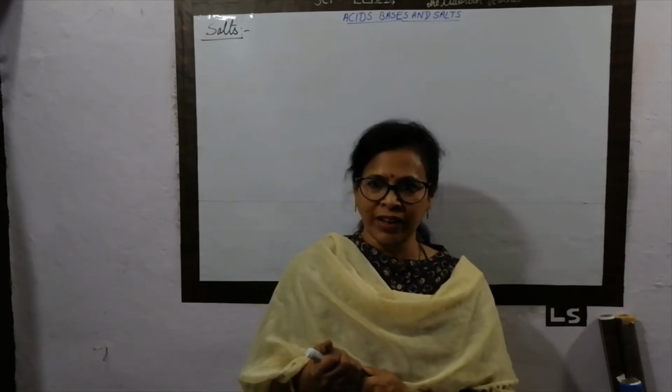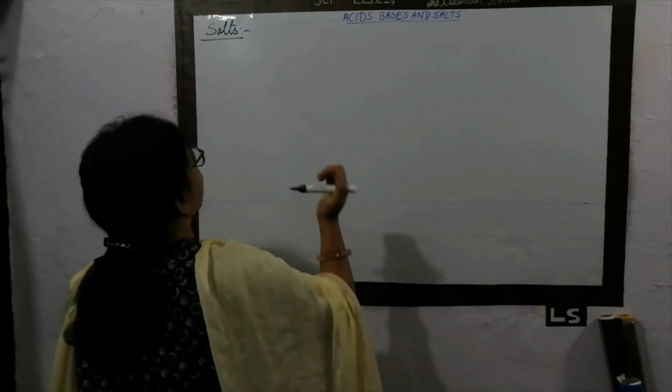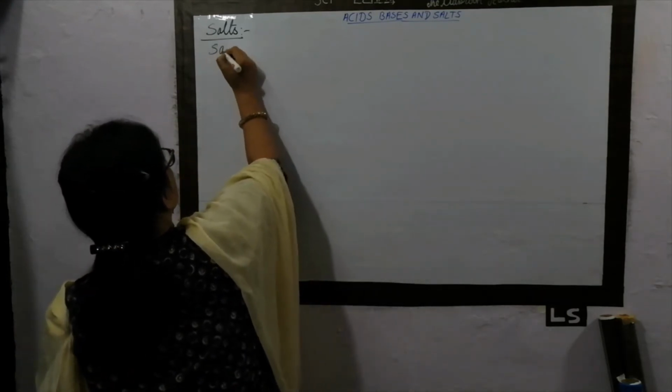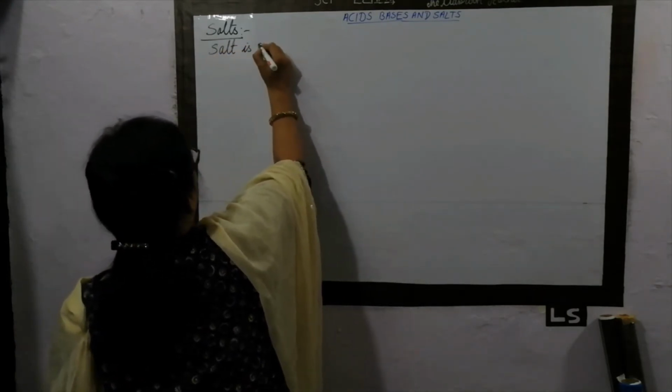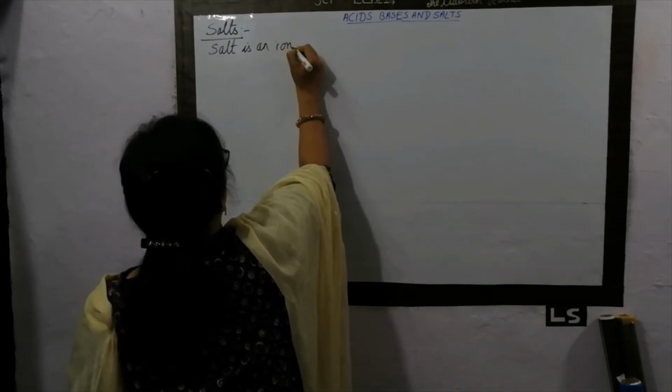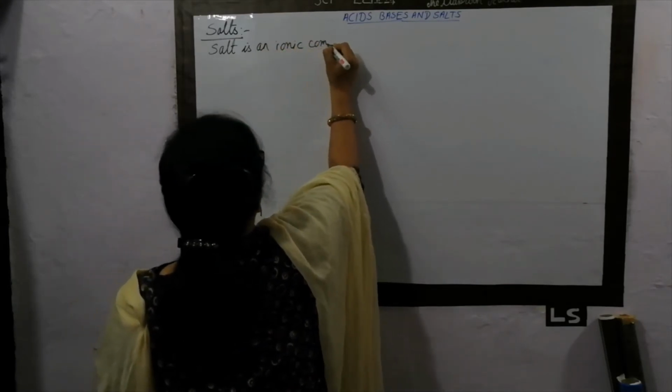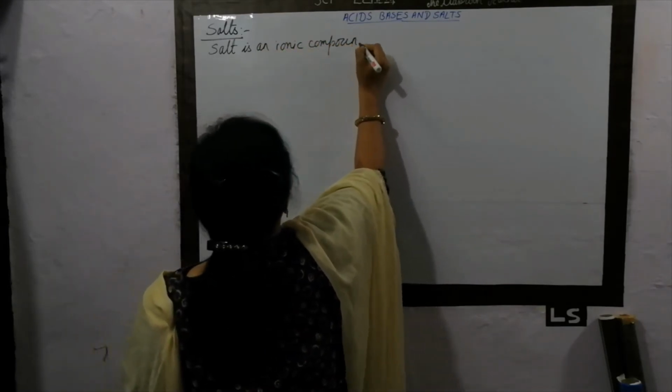Now how can we define it? Salt is an ionic compound. What is the meaning of the word ionic compound?